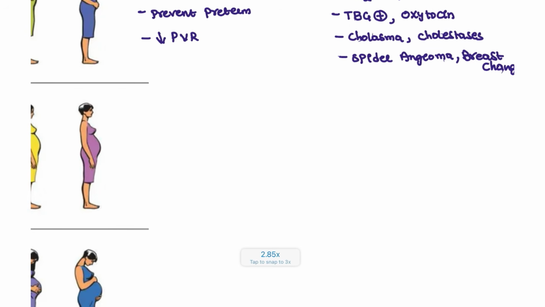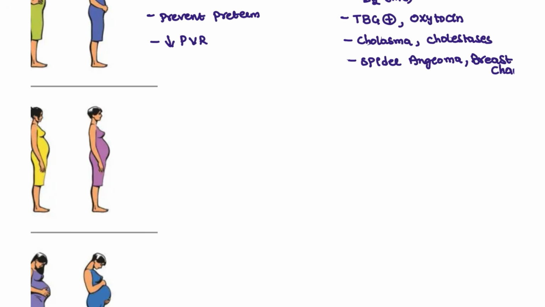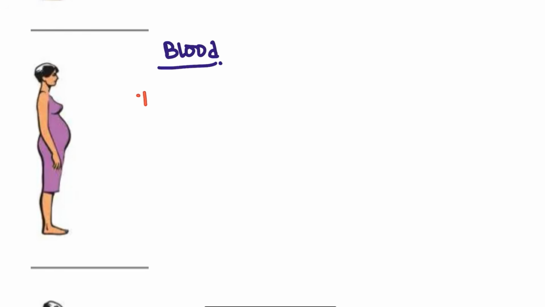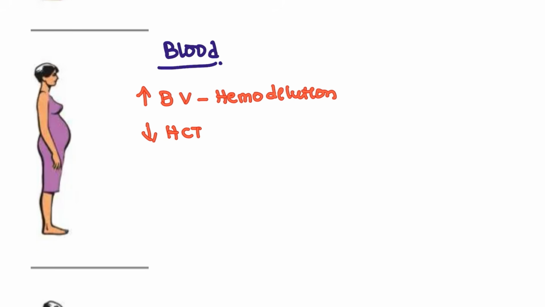Next, some of the physiological changes that you have to understand. How will the blood changes be seen? The blood volume will be increased. This will cause hemodilution, and hematocrit will be decreased, and RBC mass is increased.